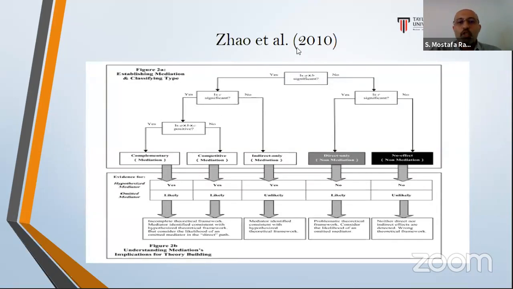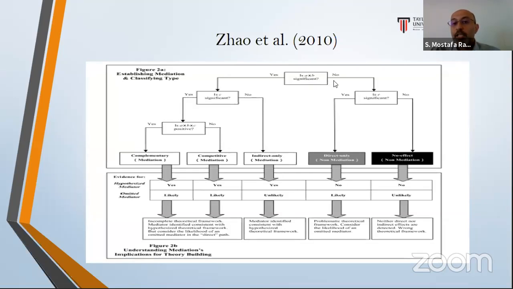This diagram is from Zhao, and this is a very good diagram to understand and to interpret, especially to interpret the meaning of a mediator. In this diagram, you can see the AB term, so the indirect effect term.